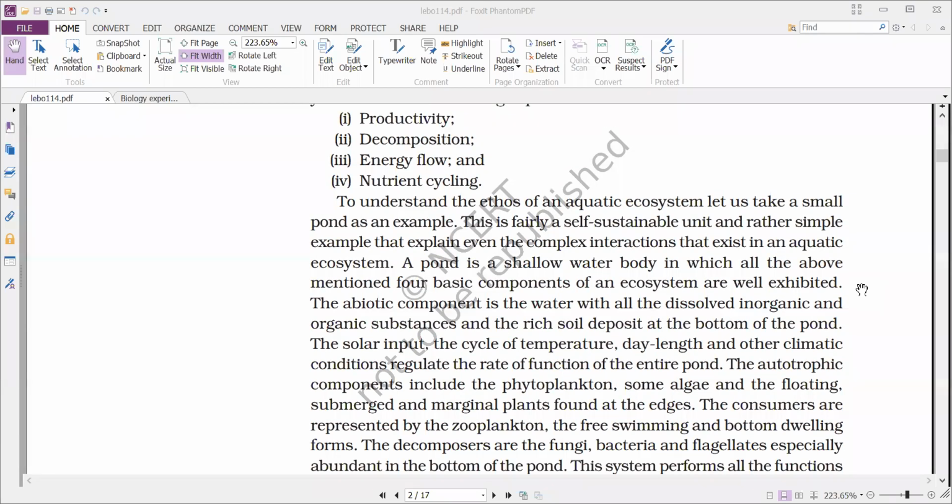To understand the components or functions of an ecosystem, what is the role of an ecosystem? We have taken one example of an aquatic ecosystem, like a small pond.